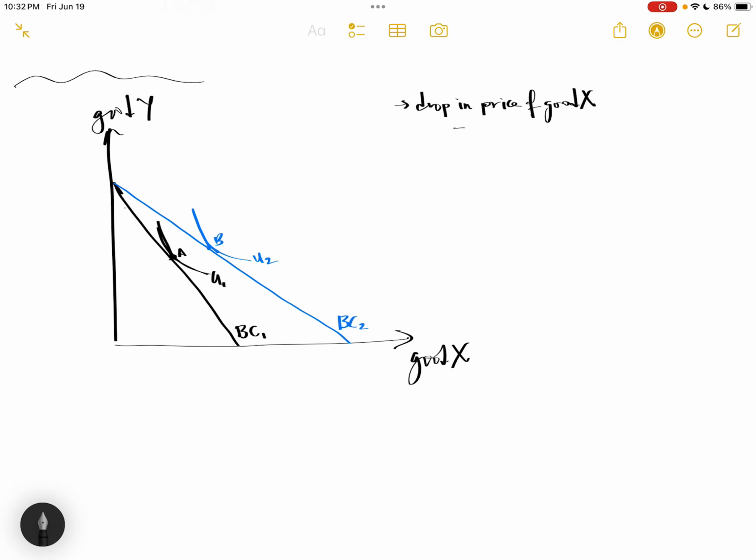Drop in price of good X, budget constraint or budget line rotates outward, BC1 to BC2, and the optimal bundle on BC2 is now bundle B. There is a movement from bundle A to bundle B, is what I'm getting at.